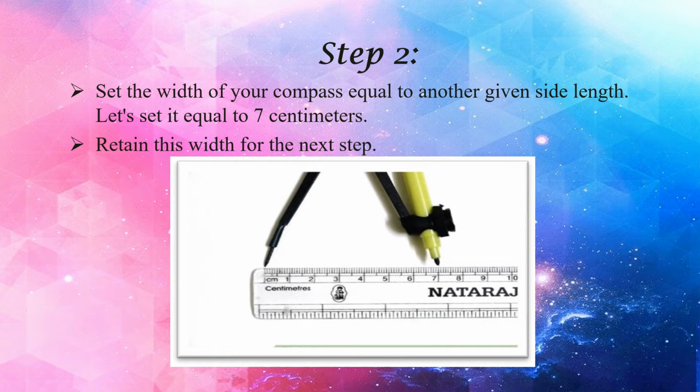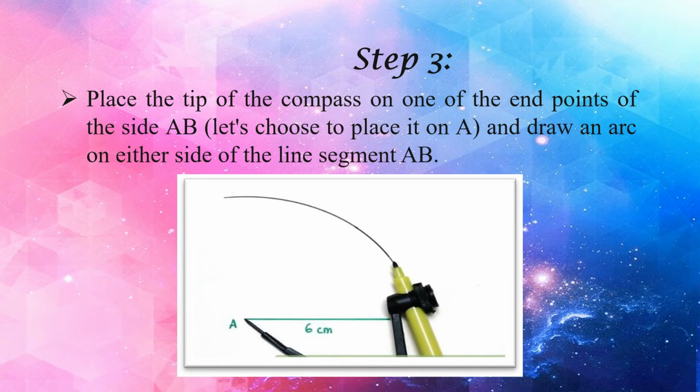Step 2, set the width of your compass equal to another given side length. Let's set it equal to 7 centimeters using our ruler. Retain this width for the next step. Step 3.